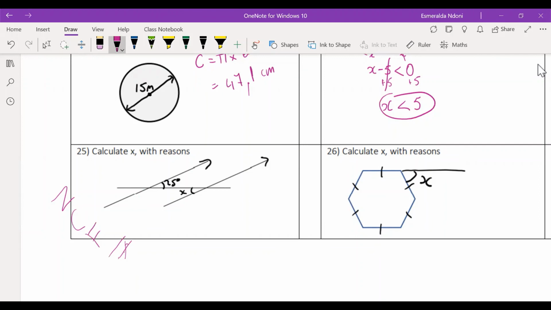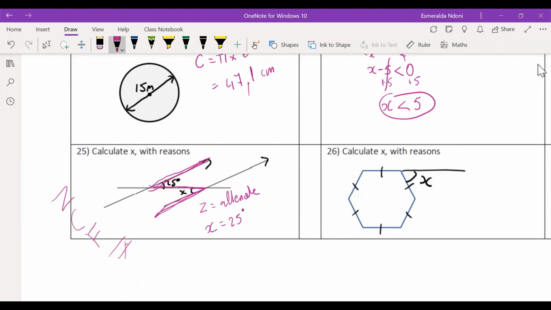So as I can see in here, I have a z. These are called alternate angles. And I know that alternate angles are equal. So z are called alternate, and they are equal in size. So I know the x is equal to 25 degrees.